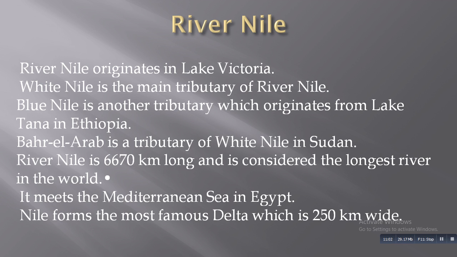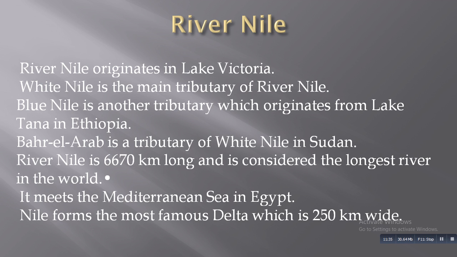At the ending portion, the Nile forms the famous Nile Delta, which is 250 km wide. So the Nile's length is 6,670 km. It originates from Lake Victoria. It has two tributaries, White Nile and Blue Nile, and White Nile has another tributary, Bahr el Arab.